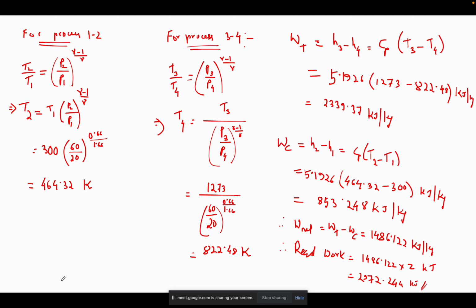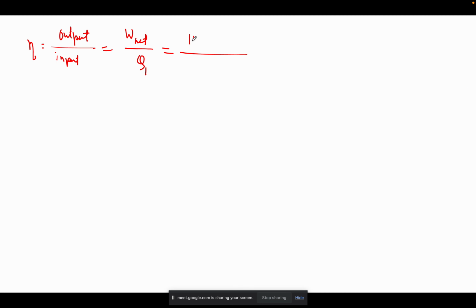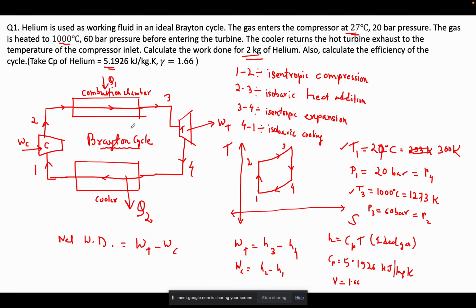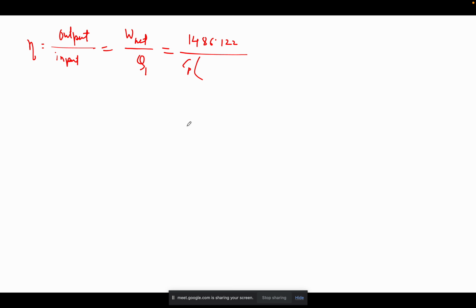1486.122, and Q1 will be basically Cp times H3 minus H2, Cp times T3 minus T2.